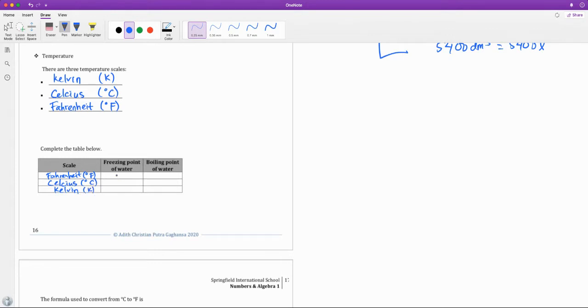The freezing point is 32 and the boiling point of water is 212. For Celsius, as we know, it's 0 and the boiling point is 100. For Kelvin, it's a bit different, even though the scale is the same as Celsius. It starts from 273.15, and the boiling point is 100 from that number.